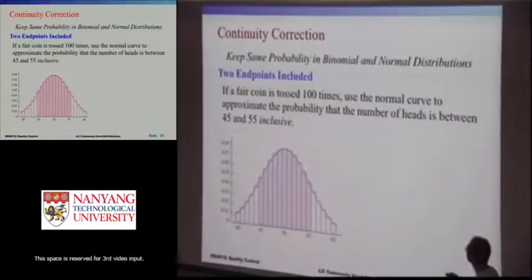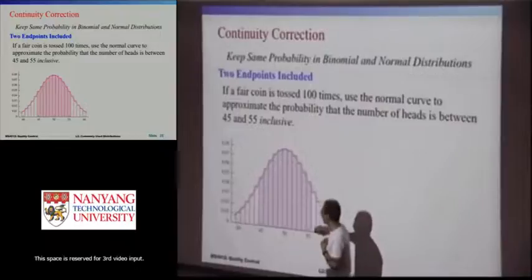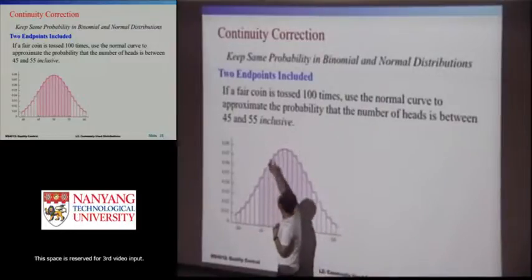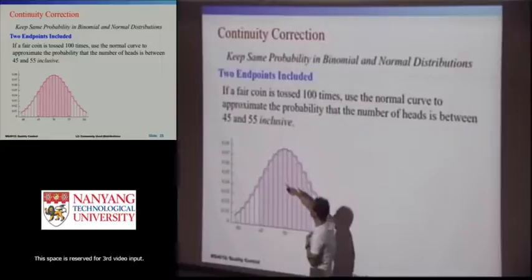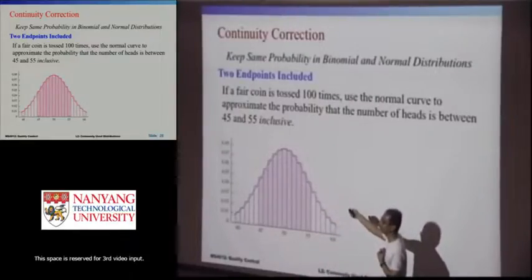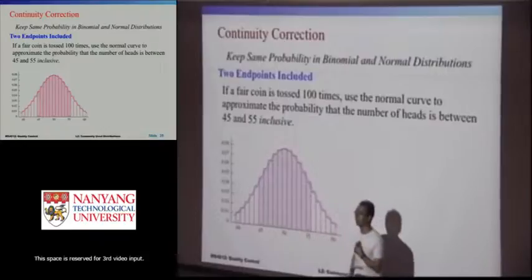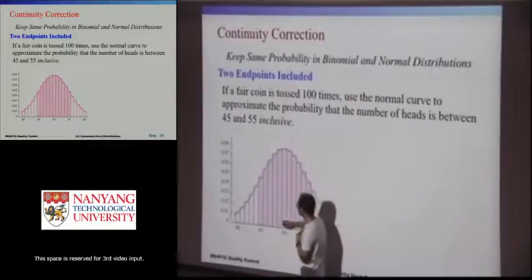For this example, if a fair coin is tossed 100 times, we get this binomial distribution, right? If we ask for the probability from 45 to 55, with 45 and 55 included, that means we want the probability of 45, 46, up to 55, right? If we want the same probability, we should get the same area.